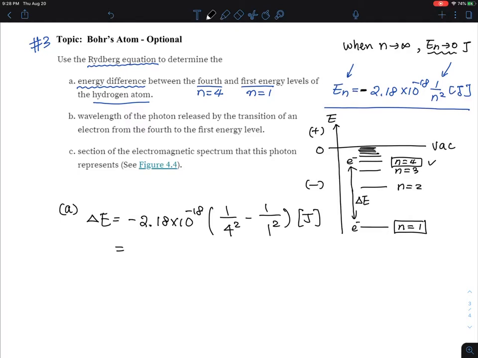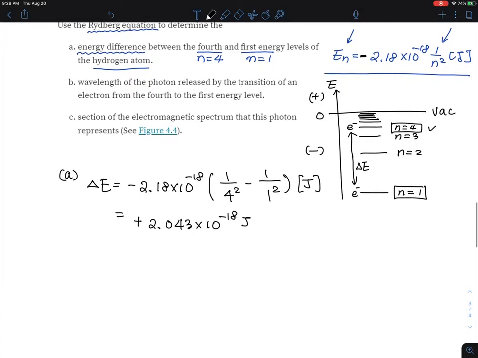When you do that, you get this energy level difference. That will be positive: 2.043 times 10 to the minus 18 joule. So I can get this.